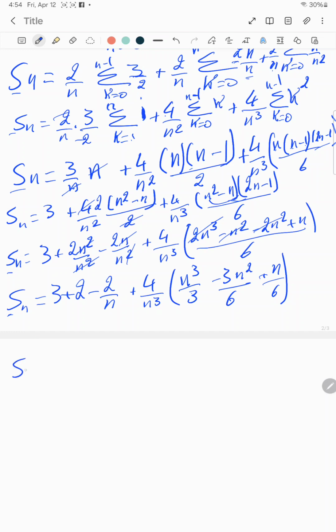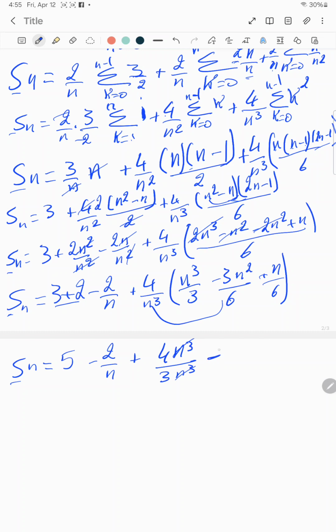Now my Sn equals 5, 3 plus 2 is equal to 5, minus 2 divided by n, plus, I will distribute this 4 times n3 divided by 3, so it becomes 4 over 3, and I will distribute this with this.